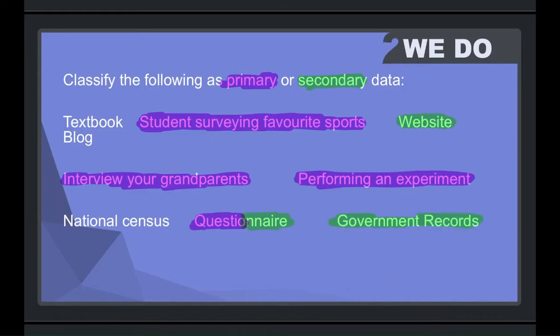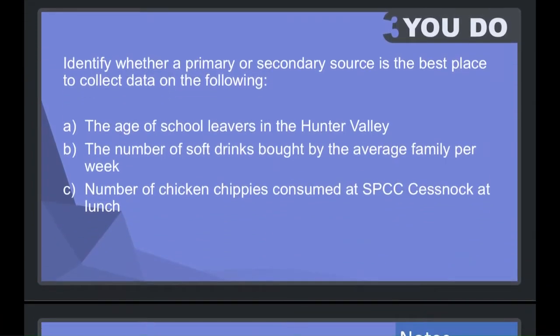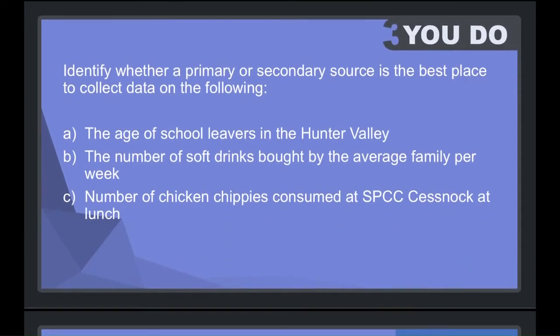Government records is an example of secondary. The census is an example of secondary, and a textbook or a blog are also an example of secondary, unless you had written those yourself. Pause here, have a go at these three, and I'll give you the answers in a sec.